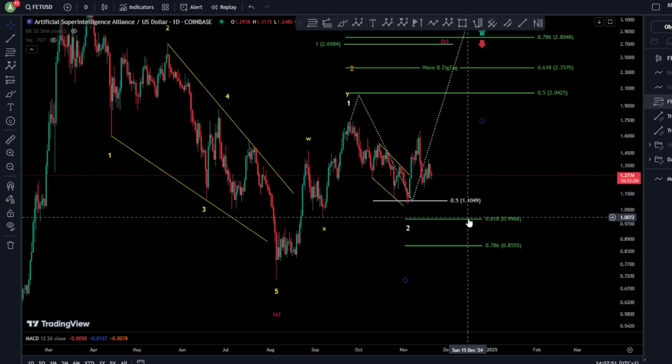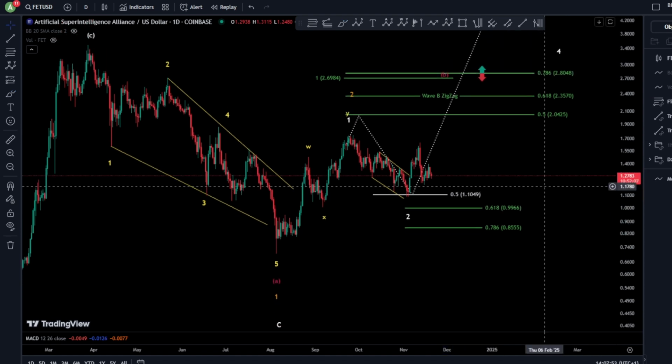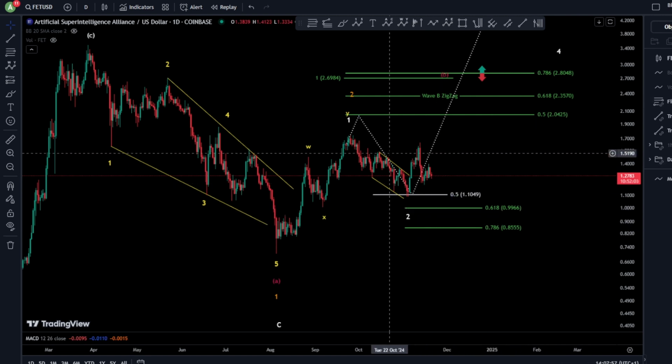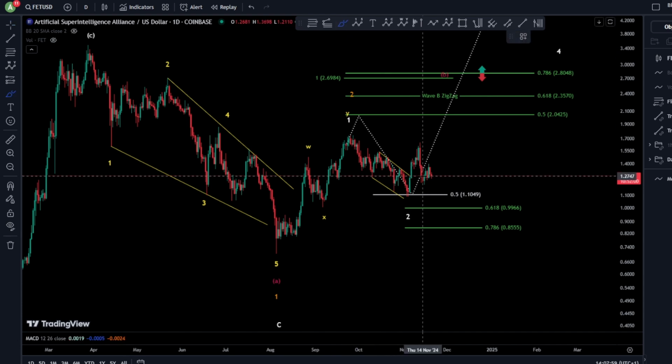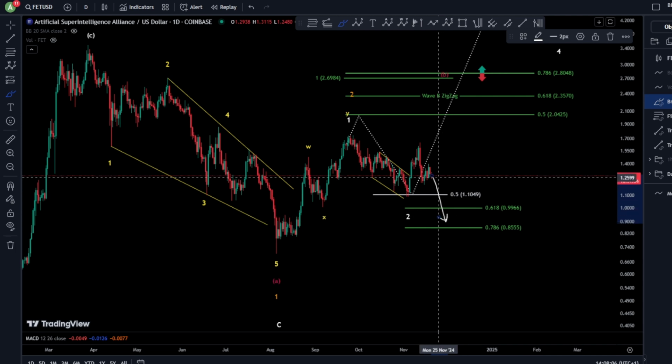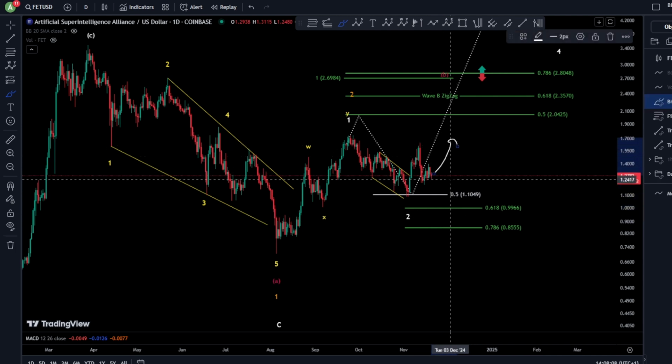By all means, I got a comment about this on the last video. The comment was in Spanish and I translated it, and they were saying, in short, if we move down then we are moving down, and if we move up then we are moving up. What an analysis.